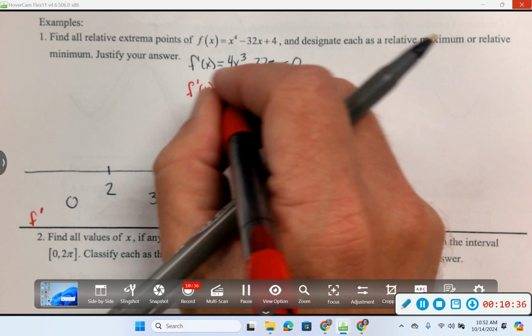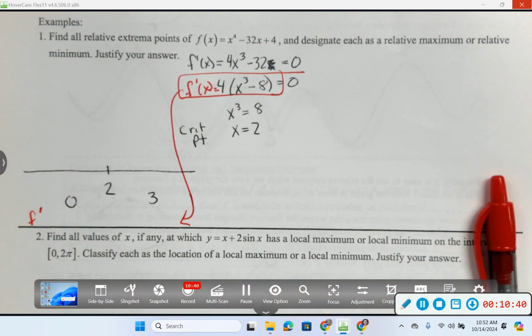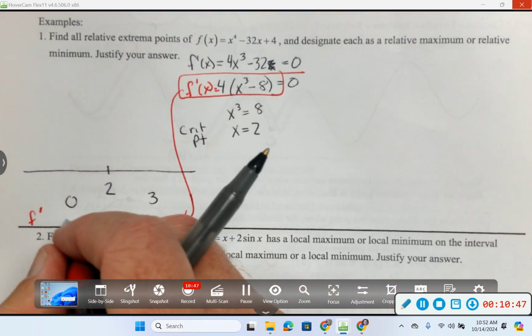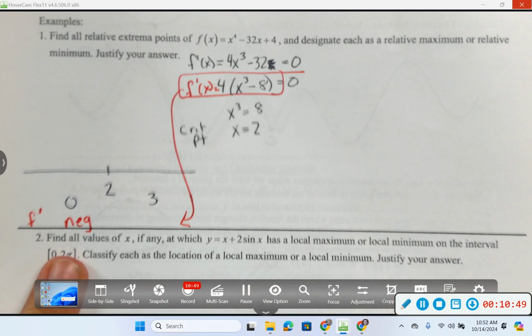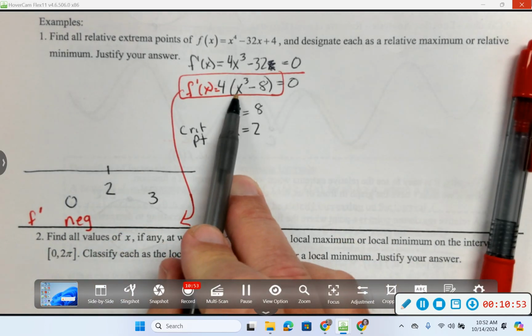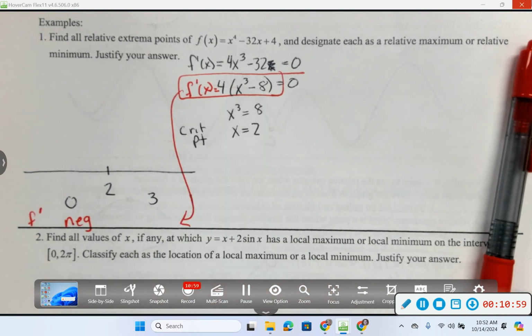Probably the factored form, but you can plug it into either form, factored or not. If I plug in 0, I get negative. If I plug in 3, well, that's a little bit harder, but 3 cubed is 27. 27 minus 8 is positive, times 4 is still positive.